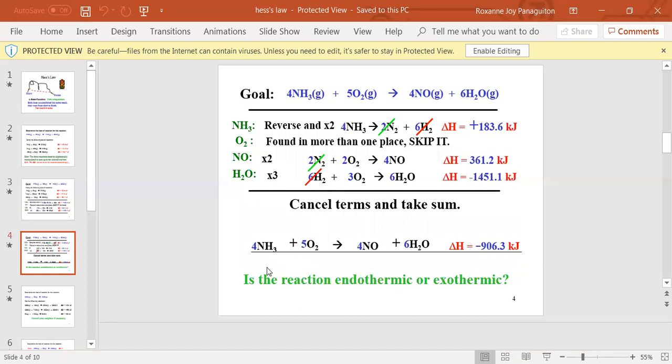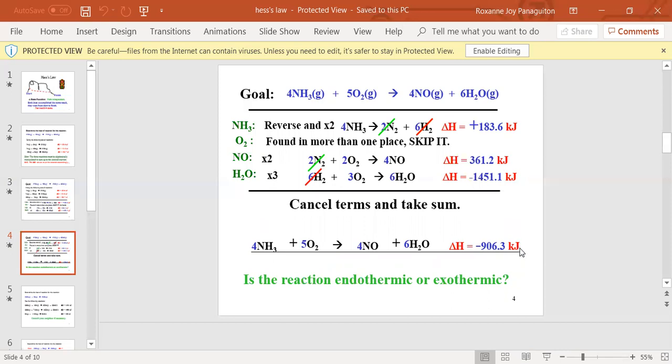Leaving you with 4 moles of ammonia, 5 moles of oxygen, with the products of 4 moles of NO and 6 moles of water, okay? And also, you need to add all the heat of the reaction. Okay? So just add all of those, class, and it will give you a negative 906.3 kilojoule.